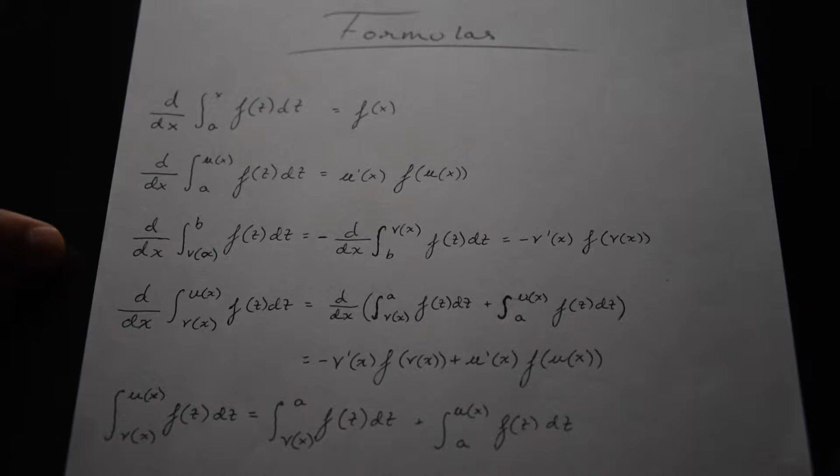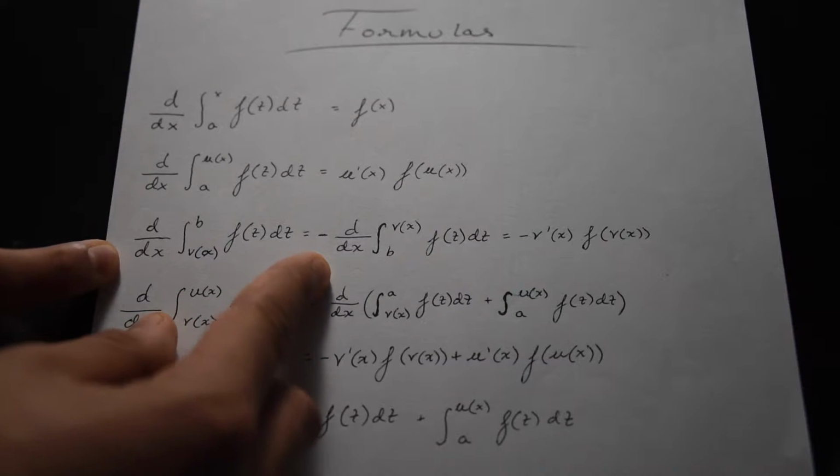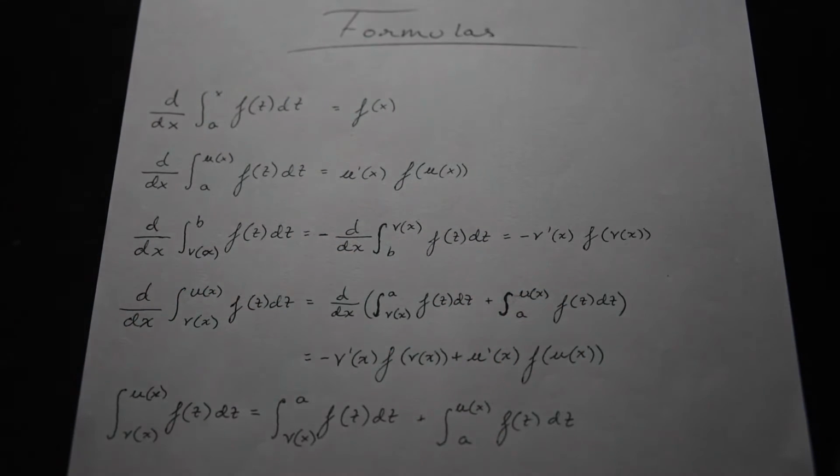The third formula states that if the lower limit is v of x and the upper limit is b, I have to make sure that the lower limit is a constant and the upper limit is a variable. So I can just flip it, and when I flip it, I have to add a negative sign in front. When I do that, I just simply solve.